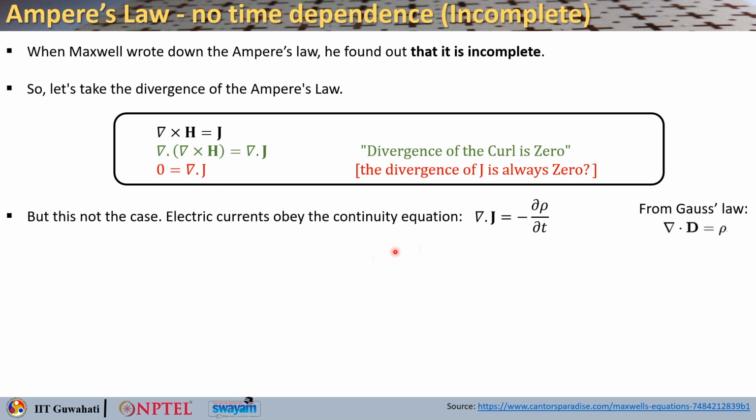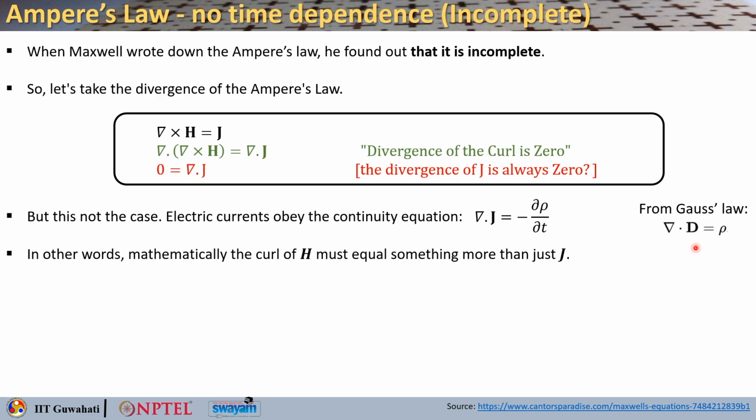As I told you, electric currents obey the continuity equation, and from Gauss law we know that divergence of D gives you rho. D is the electric flux density. So, to make it come to 0, you have to add something to it.